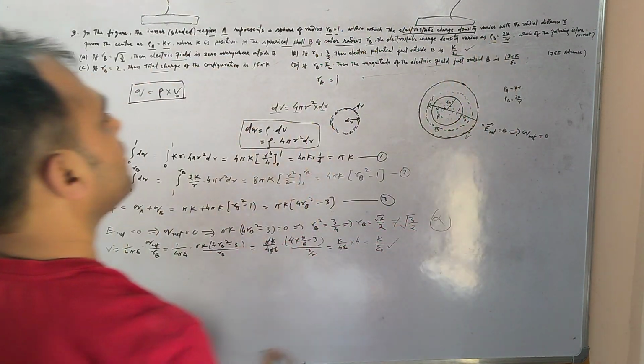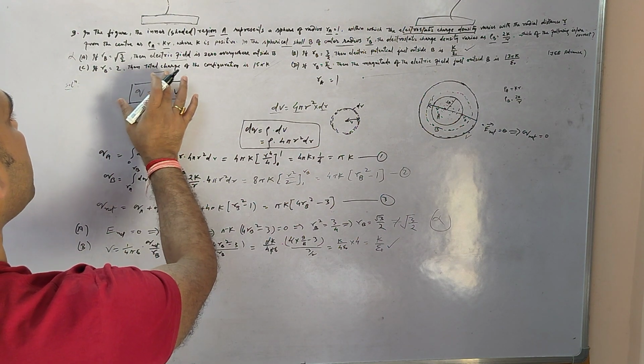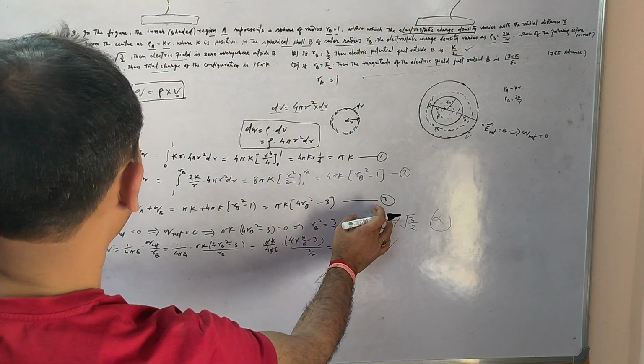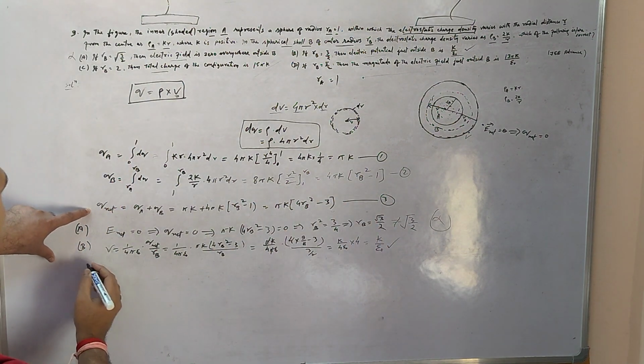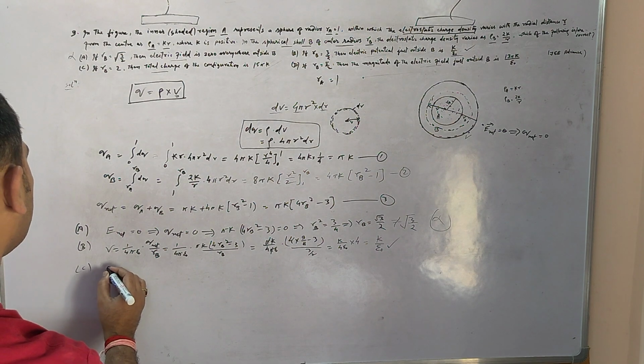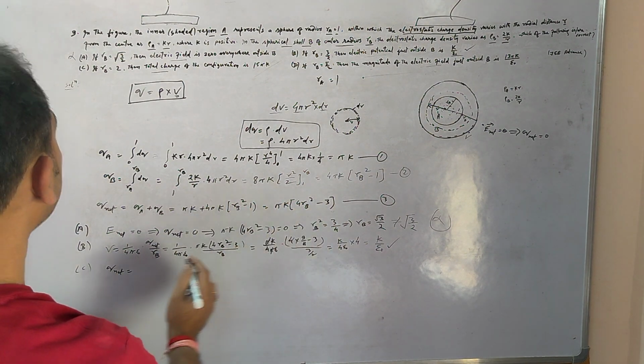This is correct. Now statement C says RB is equal to 2, then the total charge of the configuration. Total charge we have found already, this Q net. So let us put the value of RB in equation number 3.